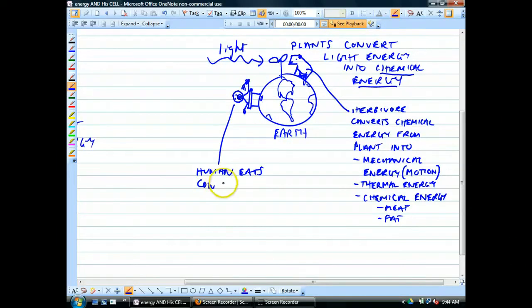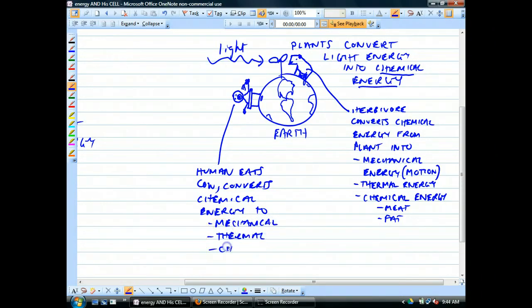Human eats the cow and does the same thing the cow does, converts that chemical energy to mechanical, thermal, and chemical. See, we store it in our own body tissues also.